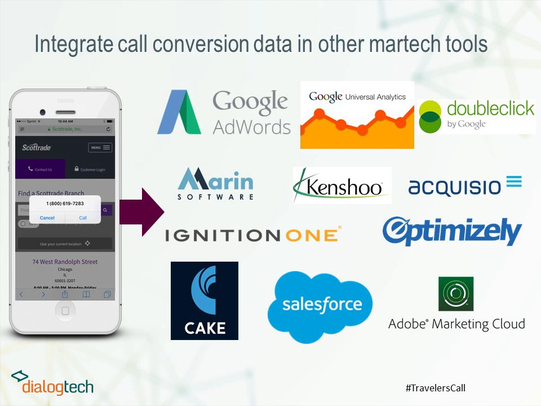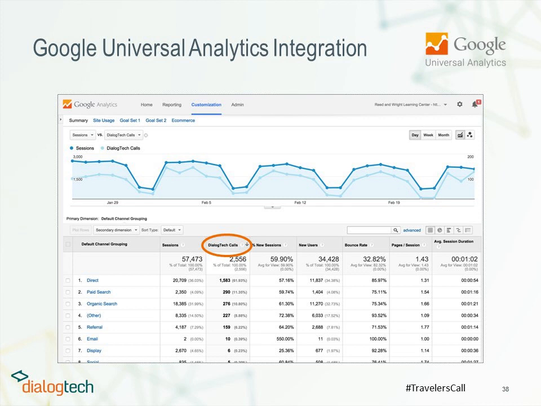When you have a call attribution capability, you can also then push that additional data into that same tool and make better optimization decisions based on that. The next slide goes through an example of pushing this data into Universal Analytics. You can see here an example in the column called Dialog Tech Calls.